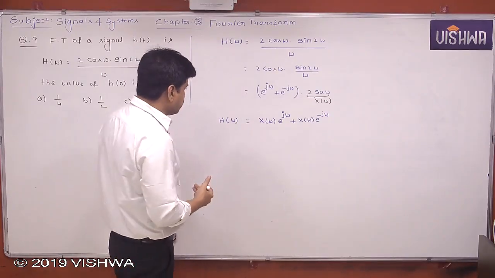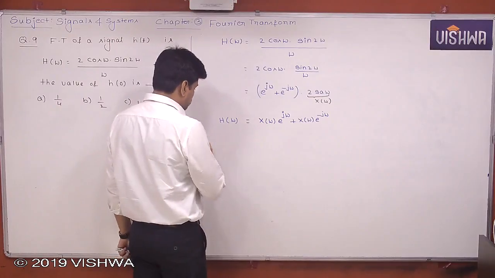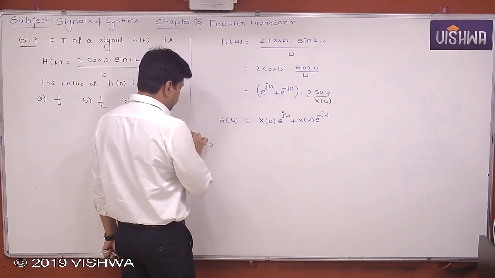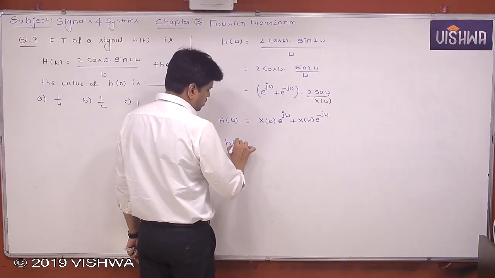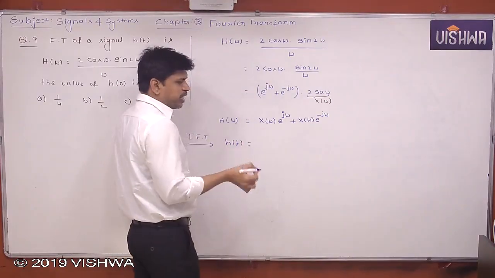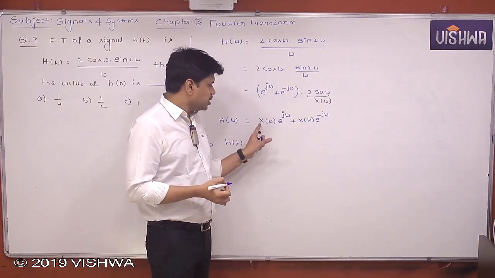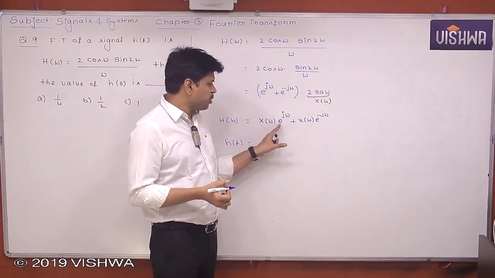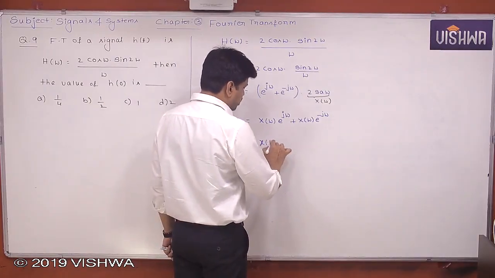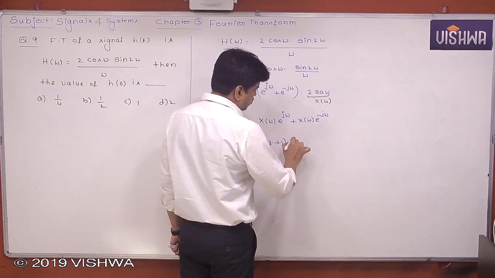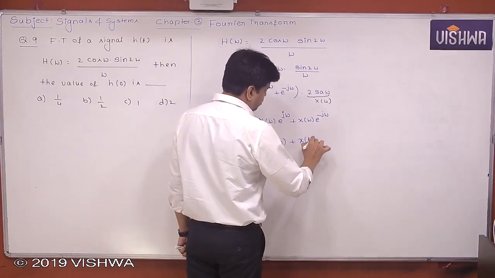Now if I try to find h of t, I take the inverse Fourier transform. Let's say X of omega has x of t, then what is the inverse Fourier transform of X of omega e power j omega? That is small x of t plus 1, and for the other one, small x of t minus 1.